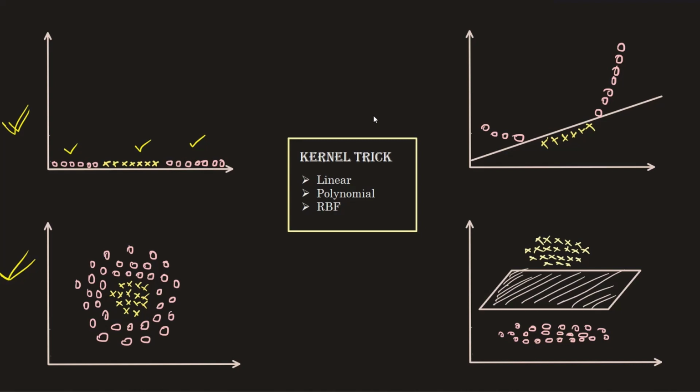And this is the exact place where the kernel trick, or you can say the strength of the SVM algorithm, comes into the picture. So before we have a look at different types of kernel tricks, let's try to understand as a whole what exactly it is doing. In simple words, kernel trick transforms data from low dimension to higher dimension.